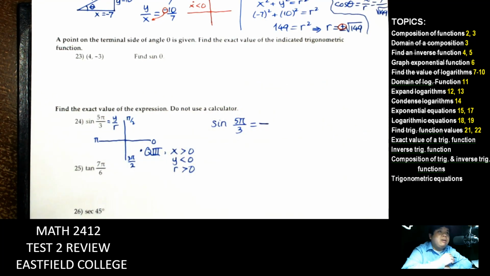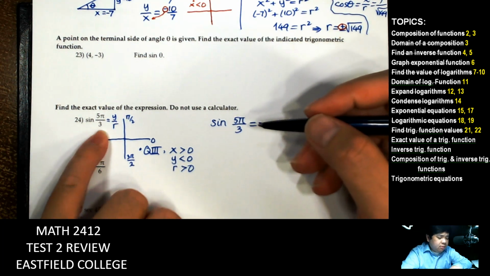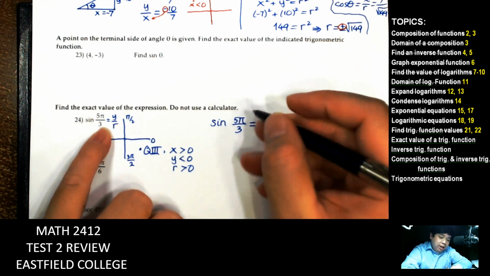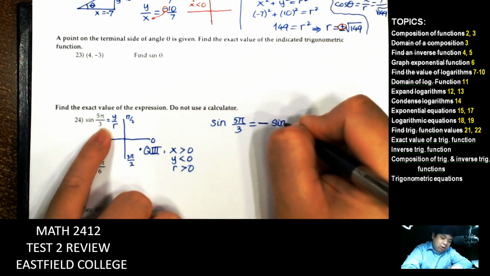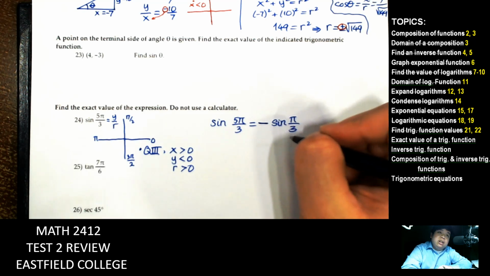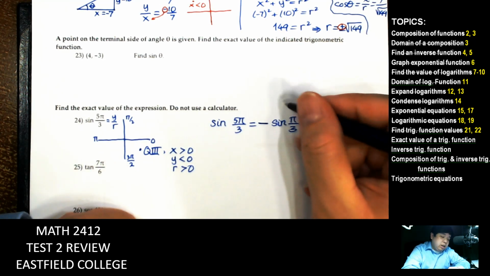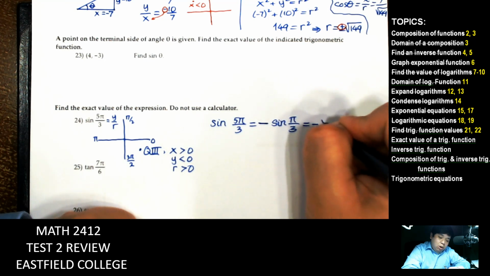Yeah. And then next, we just find the reference angle. The way we do that is, if this is divisible by 3, divided by 3, then we just say the reference angle is pi over 3. So we have negative sine pi over 3, which is square root of 3 over 2.